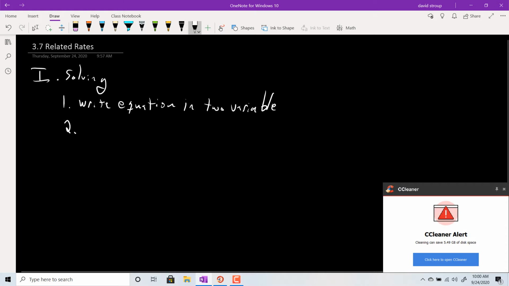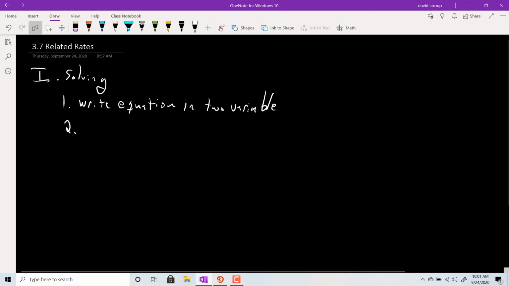Secondly, you're going to differentiate everything implicitly. So you pretend all of the variables are functions of some third variable that you're differentiating with respect to. Okay, so you'll see what that means here in a bit.